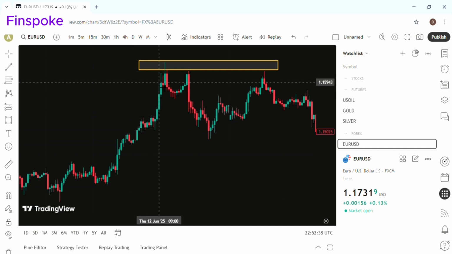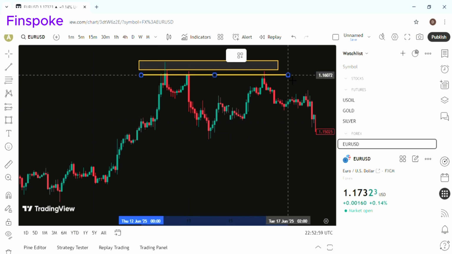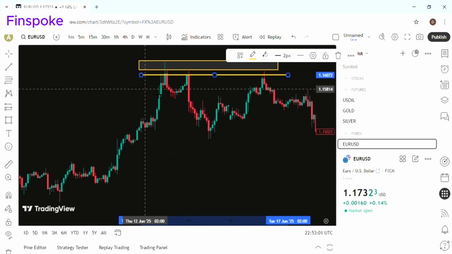But as a trader, we are always faced with this challenge: how do we know if price, when it gets to this key level, is going to break this key level and continue rallying up, or is it going to reverse at this key level? This is always a challenge that we are faced with.